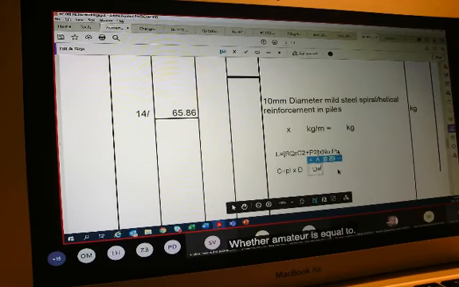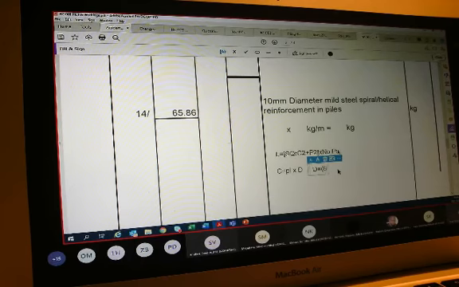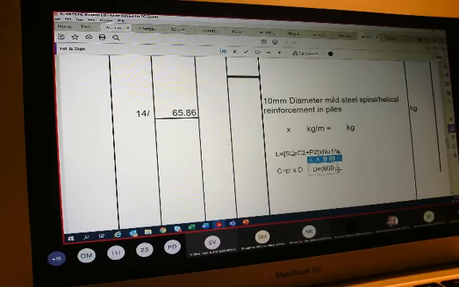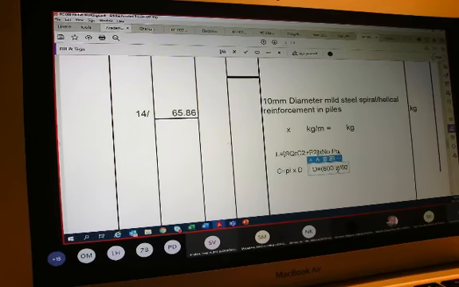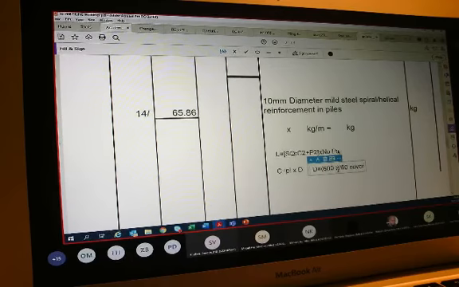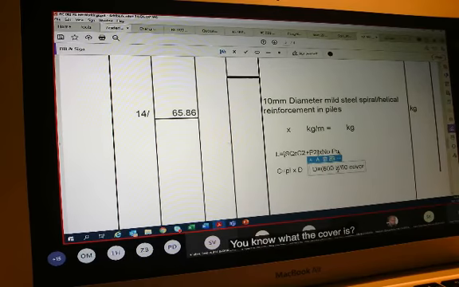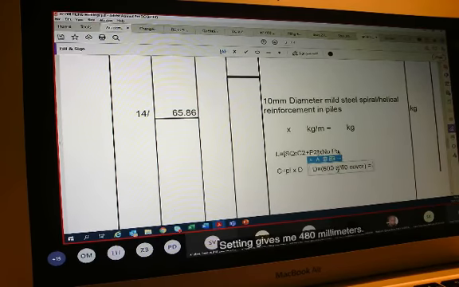When I say that C equals pi times my diameter, and what is my diameter?